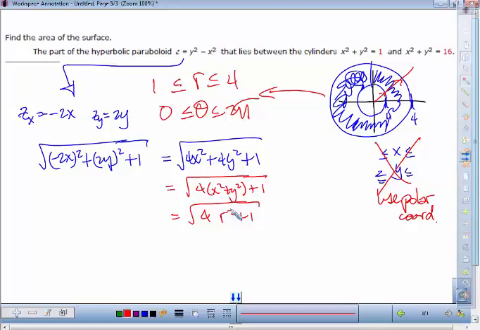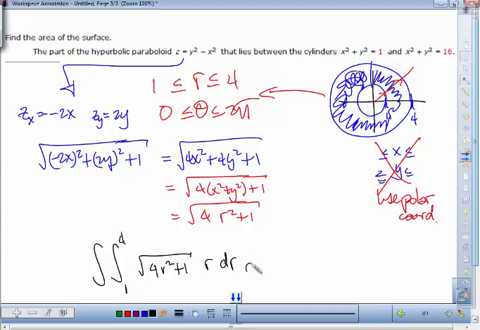So the integral setup is a double integral, and your integrand is the square root of 4r squared plus 1. Remember that when you change into polar coordinates, the Jacobian, or the differential that pops out, is an extra r. Then you integrate with respect to r from 1 to 4, and theta from 0 to 2 pi. Okay?